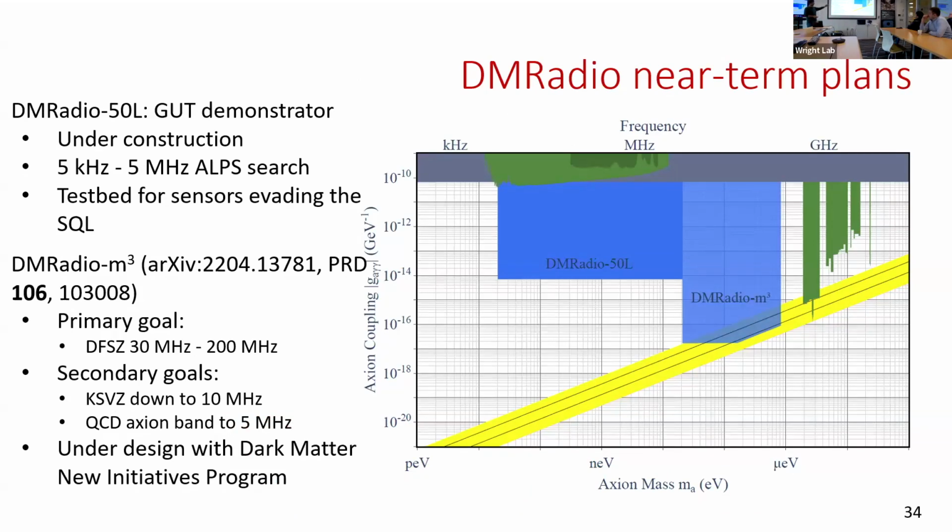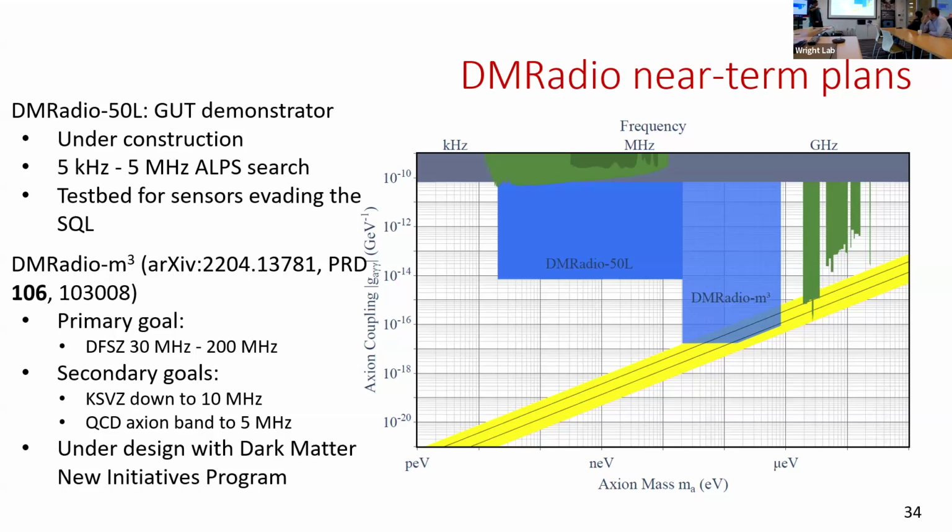So that brings me, speaking of DMRadio 50 liter and cubic meter, to our near-term plans, which are twofold. DMRadio 50 liter is going to search for axions between 5 kilohertz and 5 megahertz.